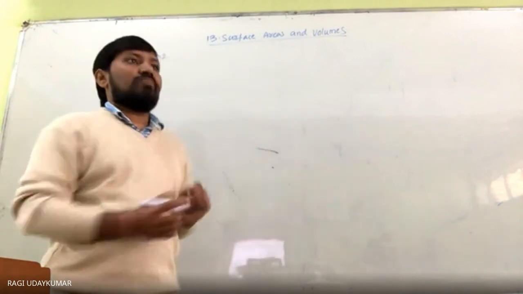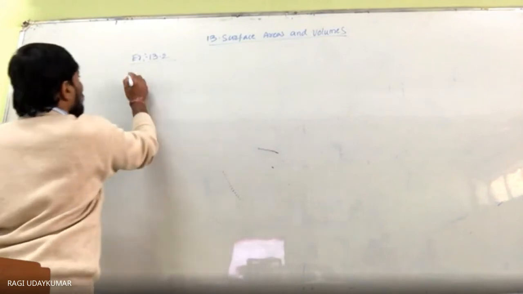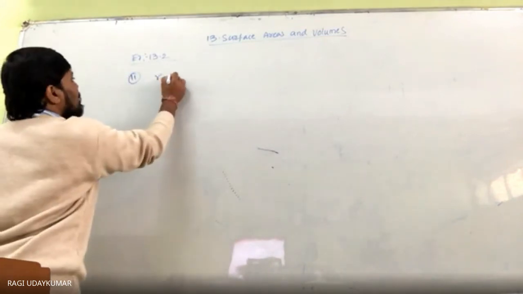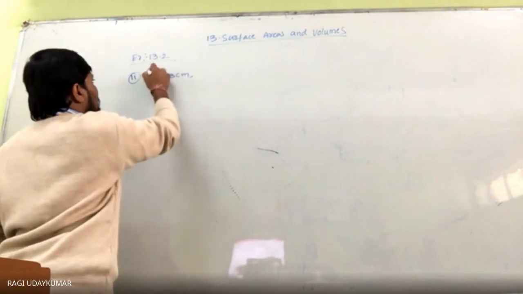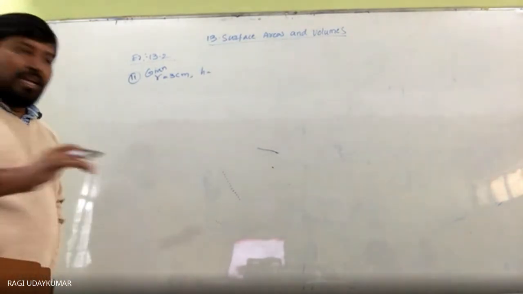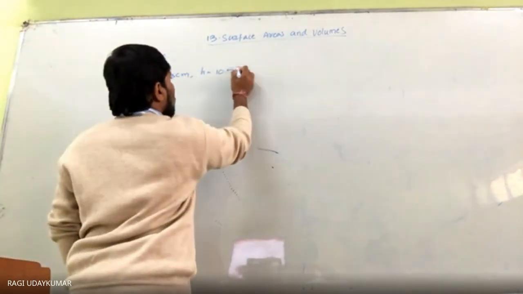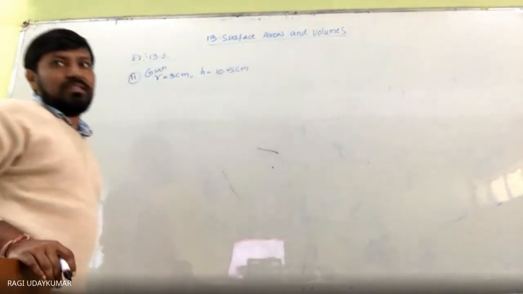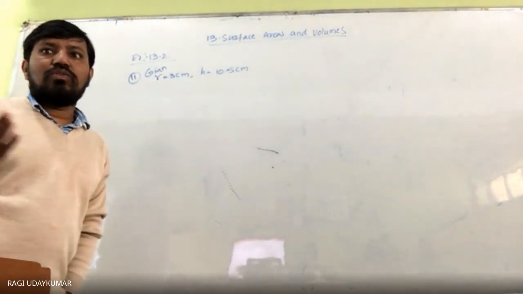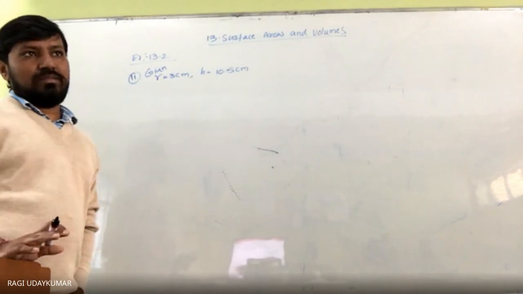Only 1 pi r square you need to take into consideration here. In this problem, the radius is given to you, 3 centimeters. R is equal to 3 centimeters. And what is the height? It is given to you. Height is equal to 10.5 centimeters. So a pen holder with one base only will be there. So total surface area of the one pen holder.